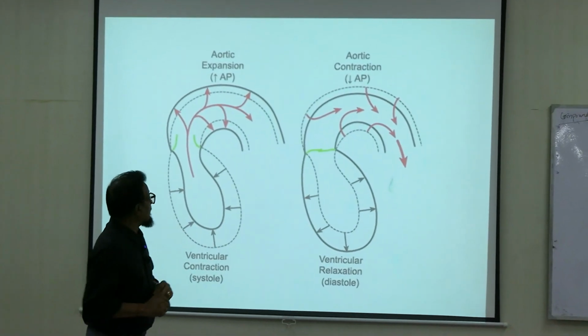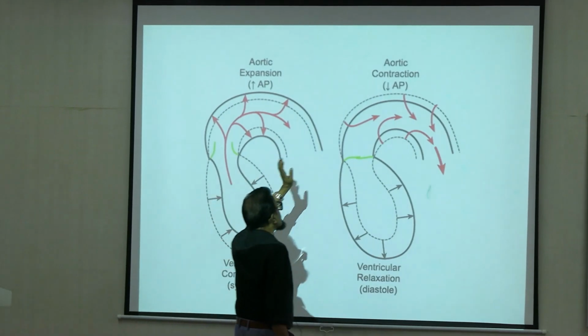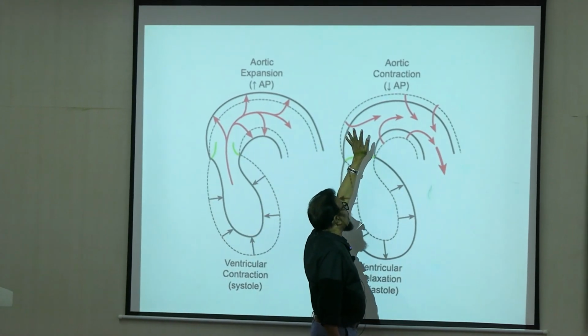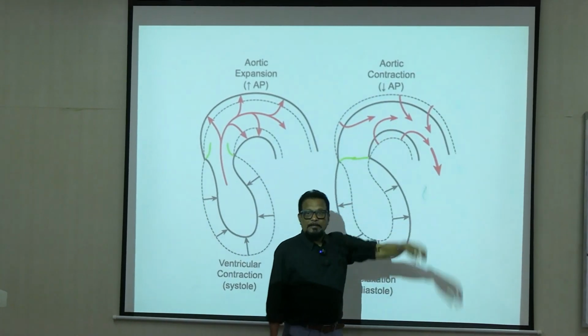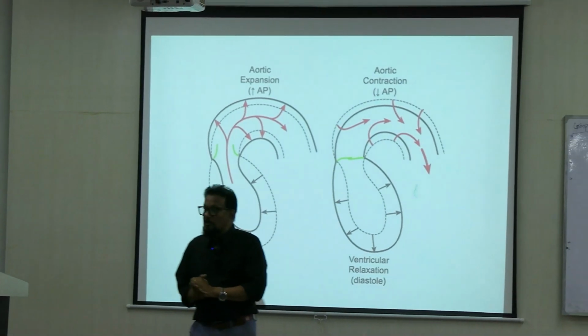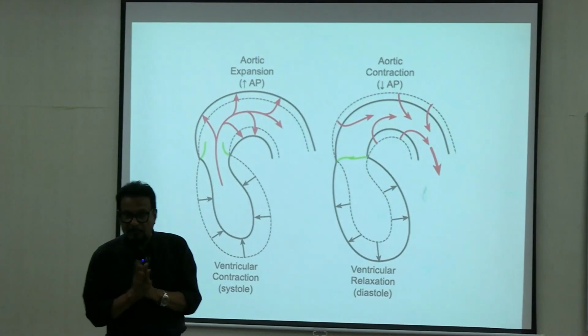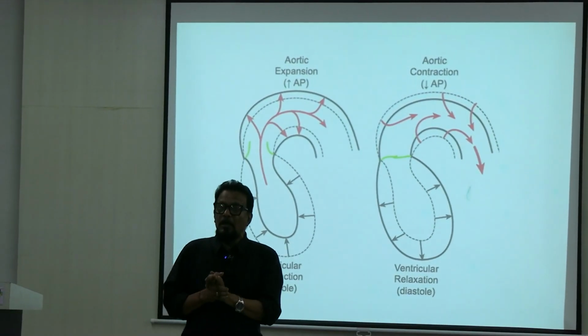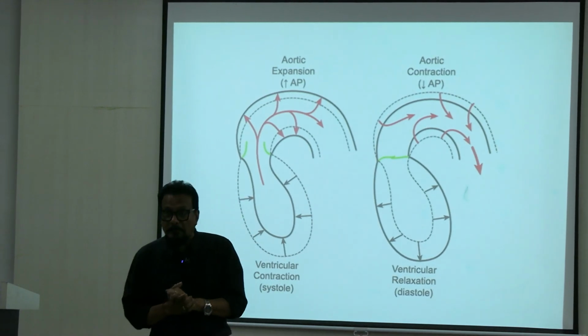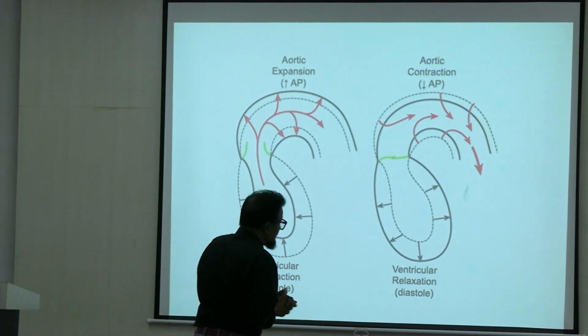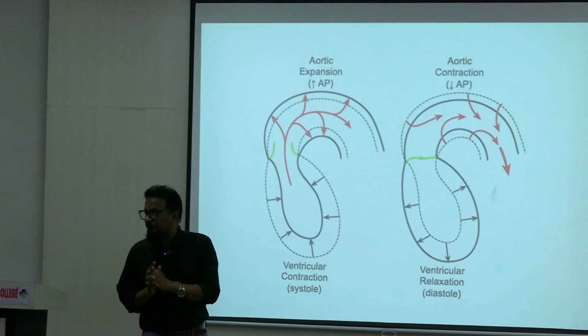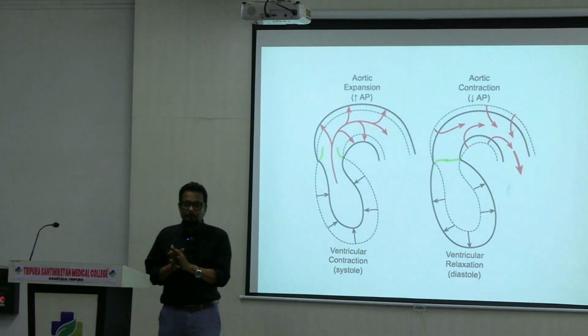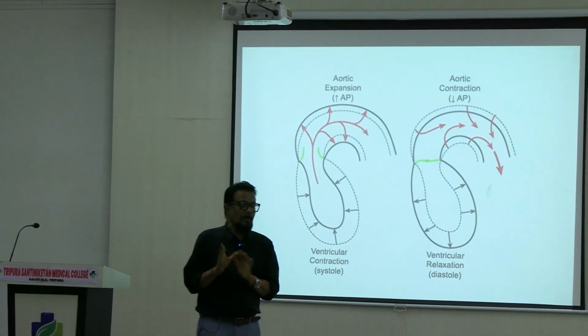During this period, the pressure of the blood within the vessel is termed diastolic pressure. So during diastole, the pressure exerted on the wall of the aorta or the arteries is called diastolic blood pressure. And the pulse pressure is the difference between the systolic blood pressure and the diastolic pressure.